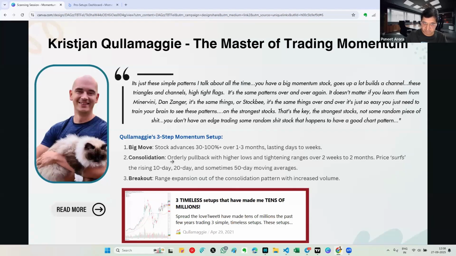Then he looks for consolidation and orderly pullback, making higher highs, higher lows, and tightening ranges over the last 2 weeks, which can go to 2 months. If a consolidation goes over 2 months, it will definitely come back to the 50 EMA also. The price surfs the rising 10-day and 20-day moving averages, sometimes touching the 50-day moving average also. And then he trades the expansion out of those consolidation patterns.